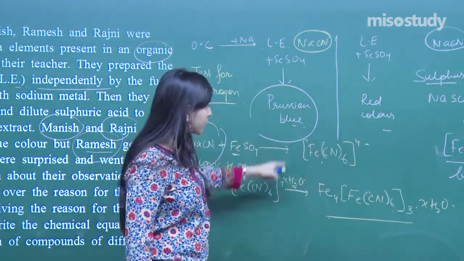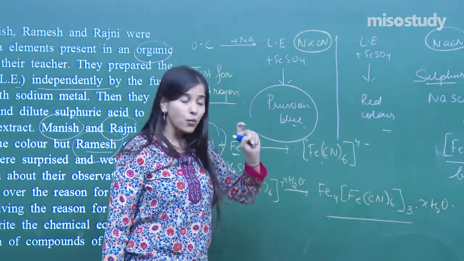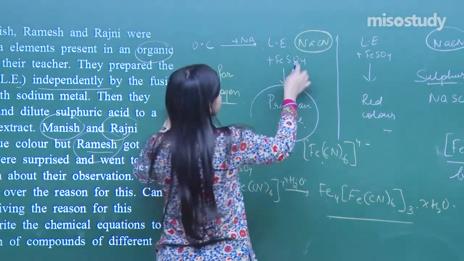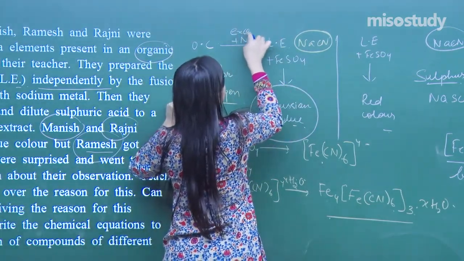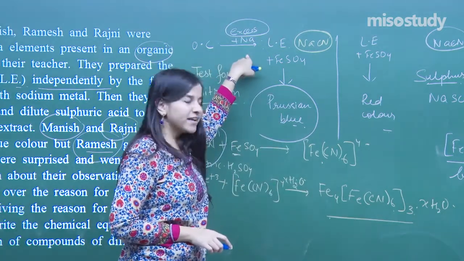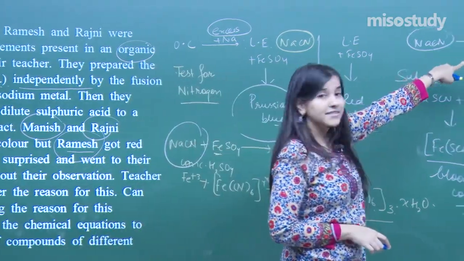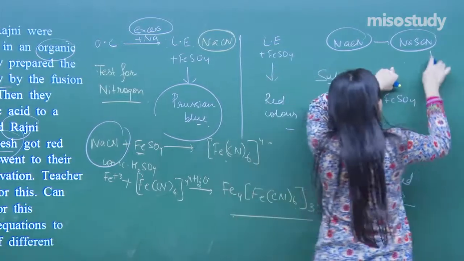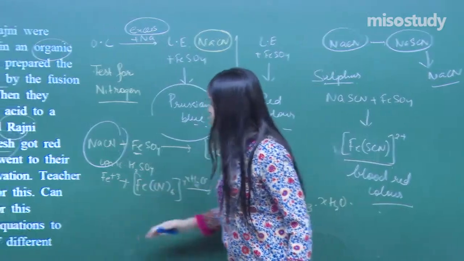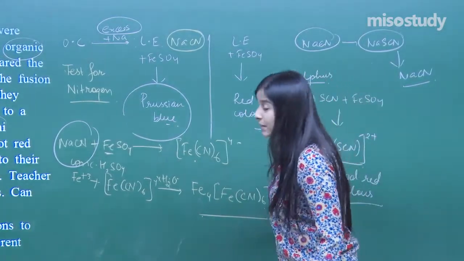The catch is why we are not getting any blood red coloration, although there is the presence of sulfur here. Manish and Rajni must have used excess of sodium. In excess of sodium, the NaSCN which is formed here gets decomposed and again gives NaCN in the mixture. And that is why one of the groups is getting blue color, the other group, that is Ramesh, gets red.